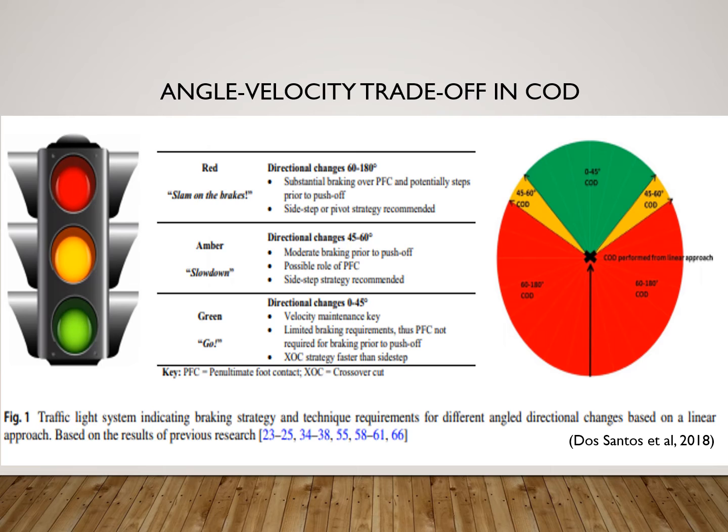Obviously, there still will be some eccentric force going through the body, particularly in this sort of 45 to 60 degree range of change of direction, but we'll see a much smaller eccentric component when we're at 45 degrees or less.